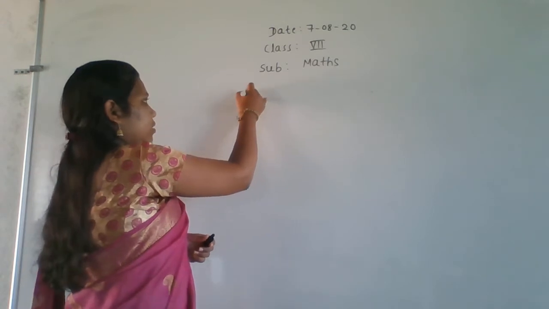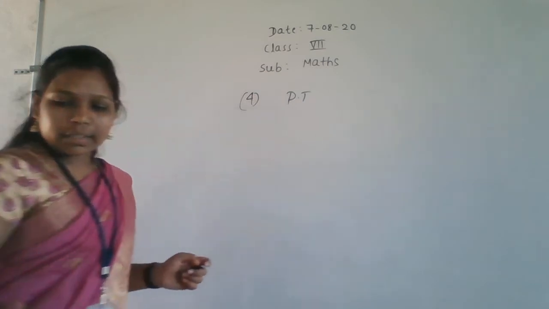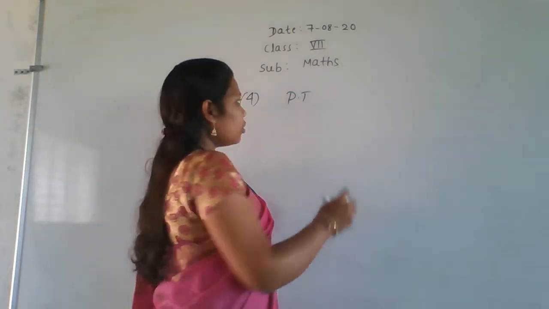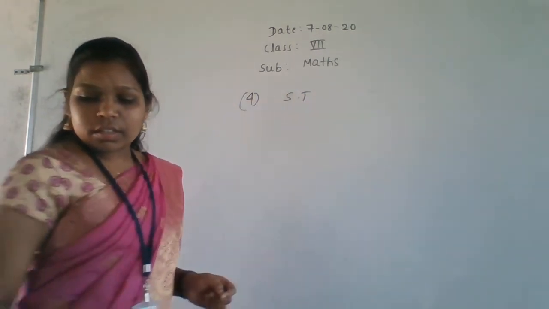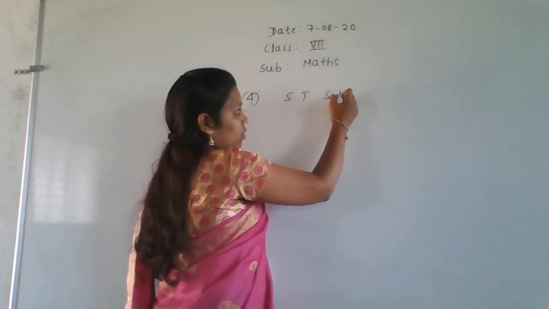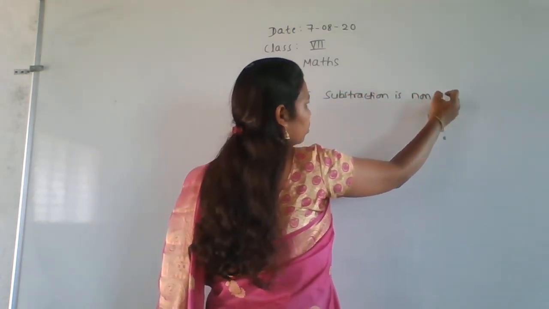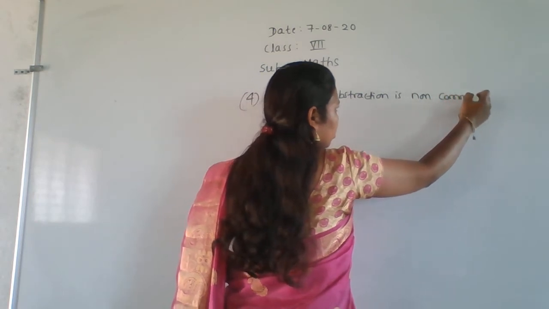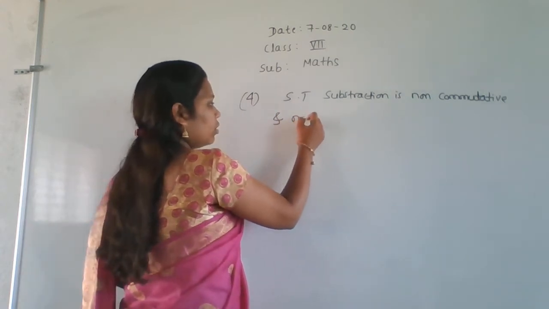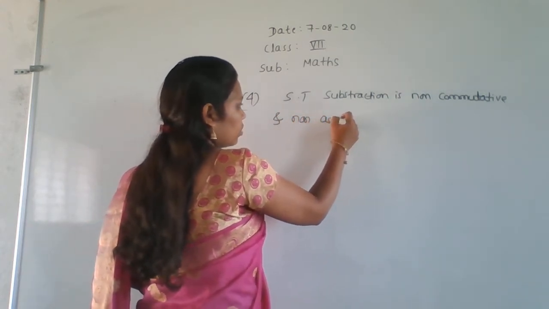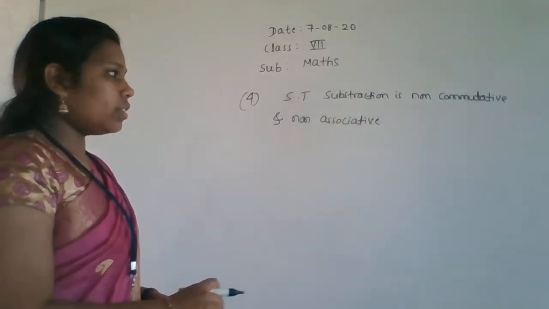So the fourth question is: prove or show that subtraction is non-commutative and non-associative, with an example.